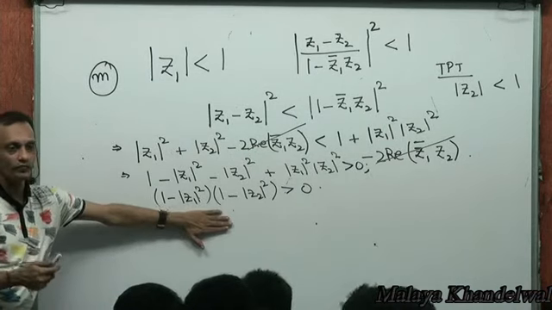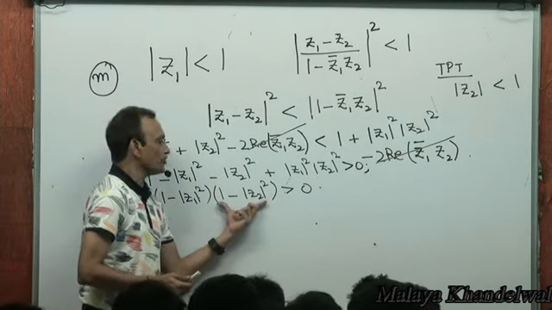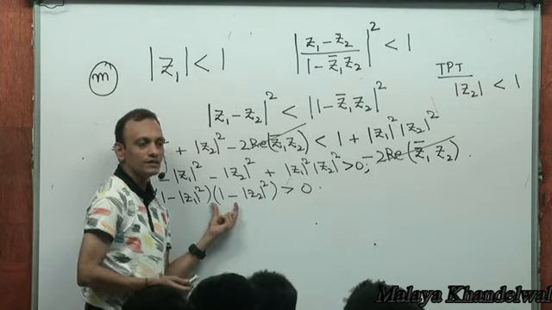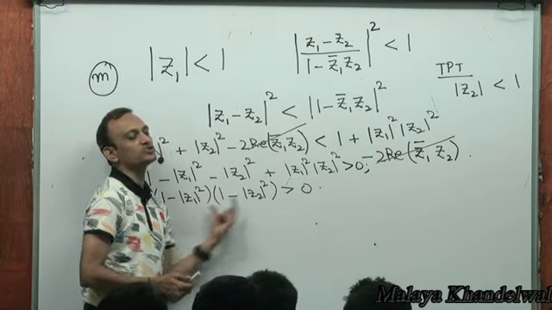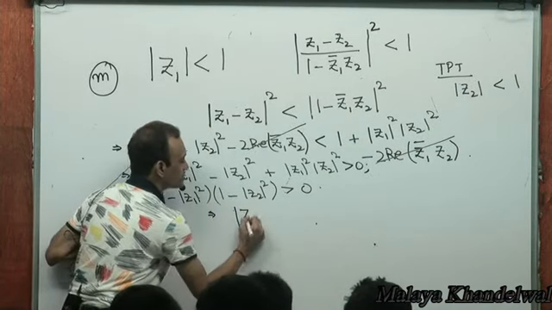Factorizing this, yes or no? But mod z1 squared is less than 1, so this is greater than 0. So for this to be greater than 0, mod z2 squared must be less than 1. And if mod z2 squared is less than 1, mod z2 is less than 1. Yes or no?